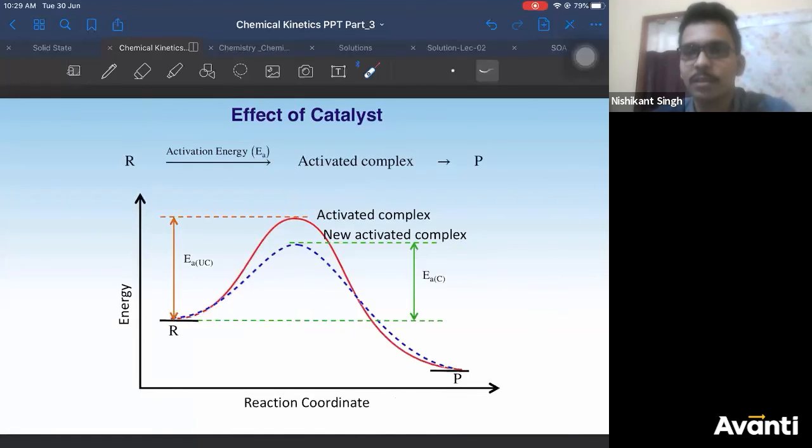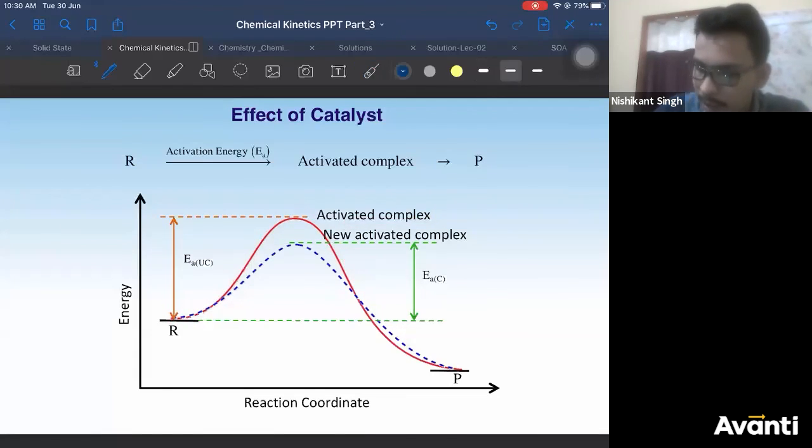Effect of catalyst. Catalyst has only one effect. Catalyst decreases the activation energy barrier, right? This is the activated complex without catalyst, and this is with catalyst. So how does a catalyst increase the rate of reaction?